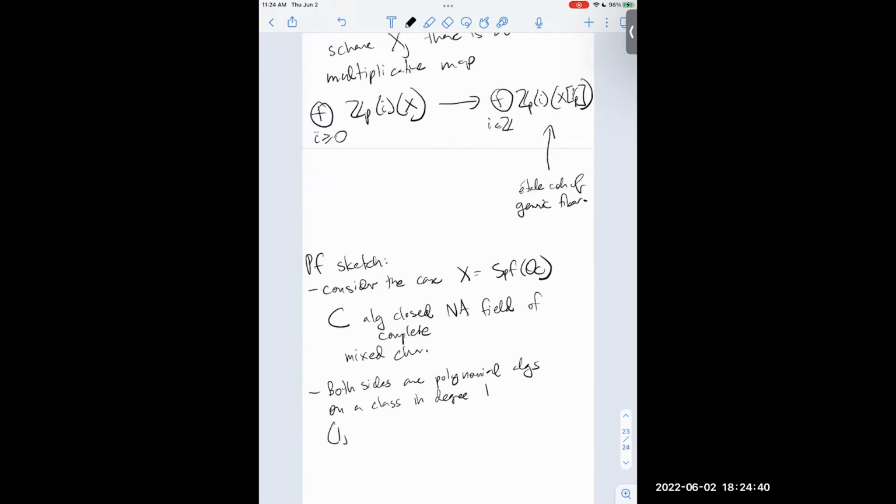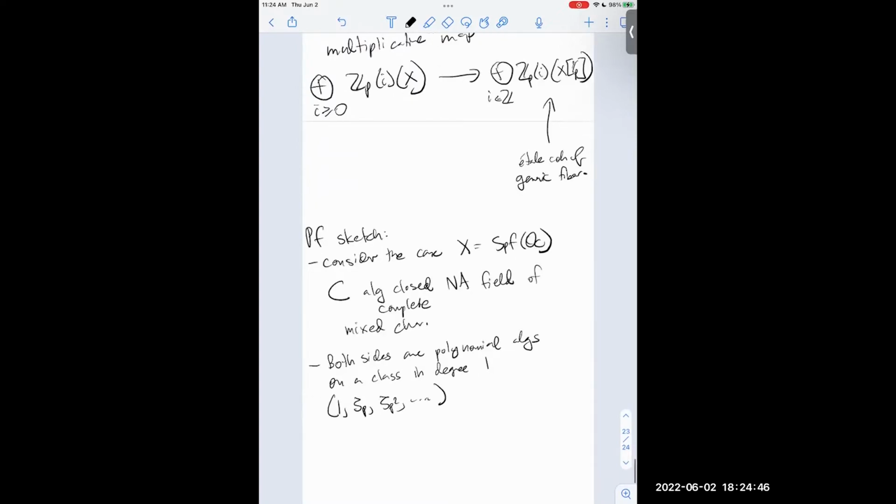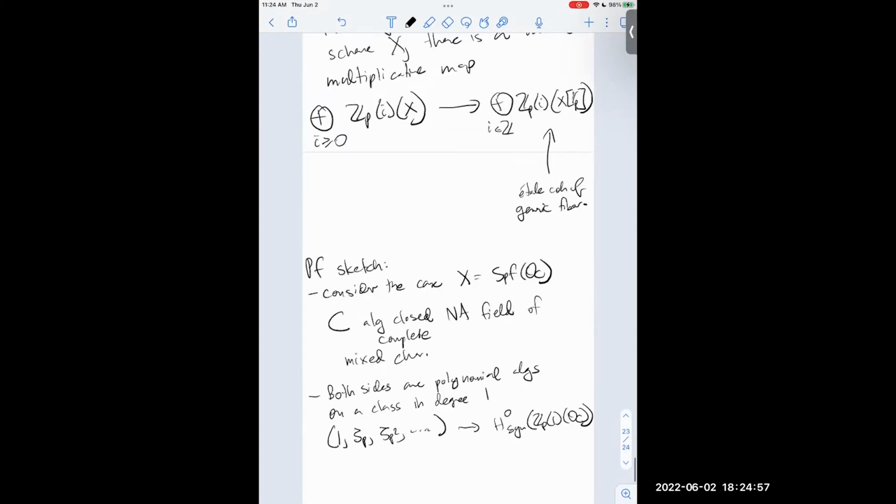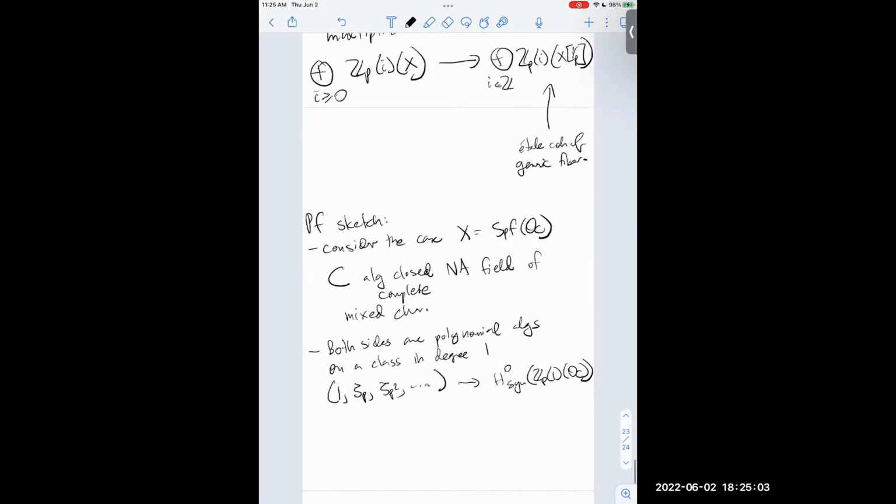If you choose a system of p-power roots of unity, 1, zeta_p, zeta_p squared, and so on, that gives you, by the prismatic logarithm, a class in H^0 syntomic of Z_p(1) of O_C. And similarly, by Kummer theory, it'll produce a corresponding class in Z_p(1), the usual étale cohomology of the generic fiber.